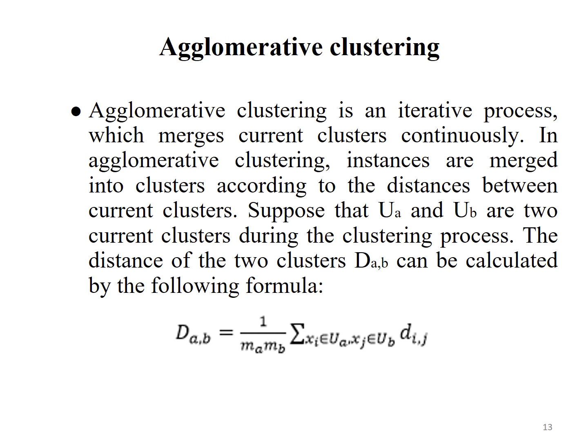DAB is the distance between two instances in UA and UB. We define the difference of the two instances with the Euclidean distance.